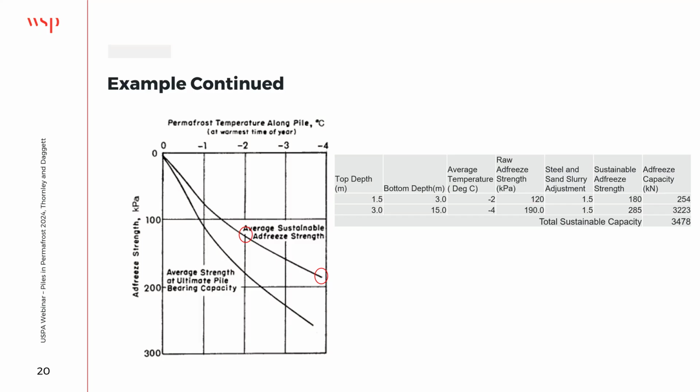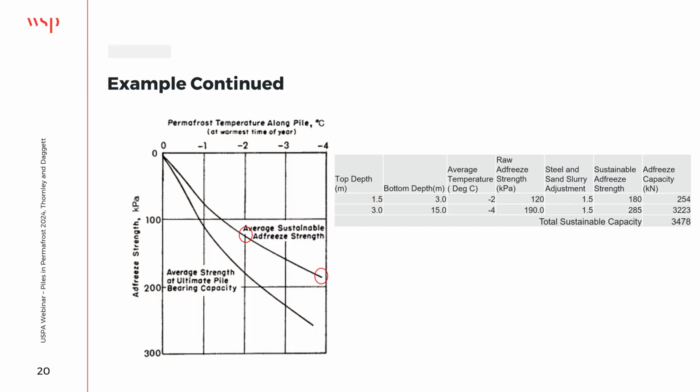So from our graph, we can get an adfreeze strength of 120 kPa. But since this was a sand slurry with a steel pile, we can adjust this by a factor of 1.5. So we're going to get 180 as our sustainable adfreeze strength for it.